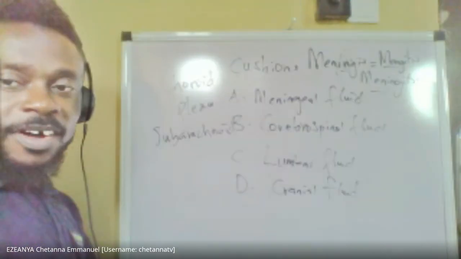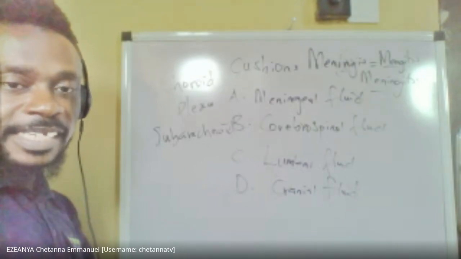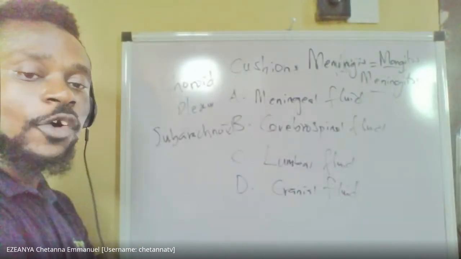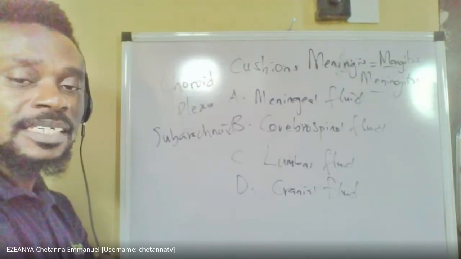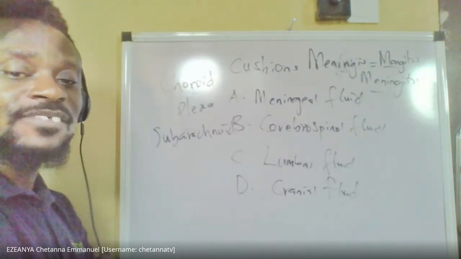Okay, the next question, number 6, says, which of the following is not contained within the ventral body cavity?